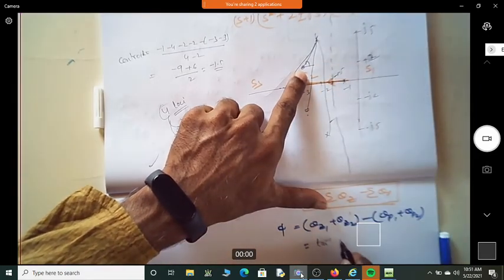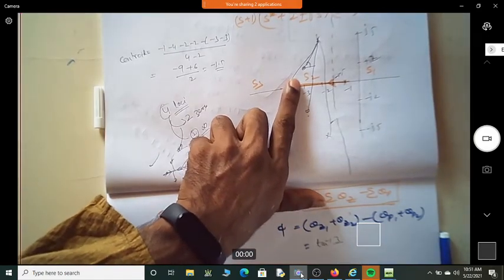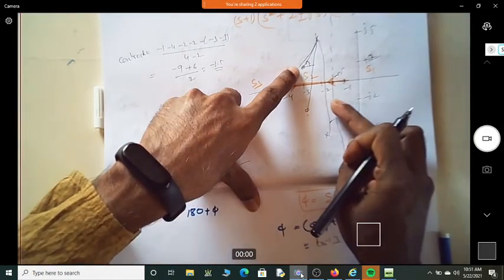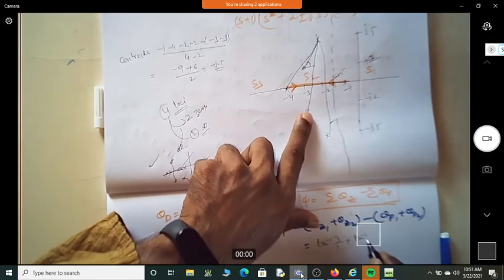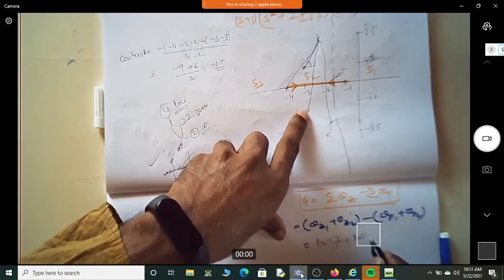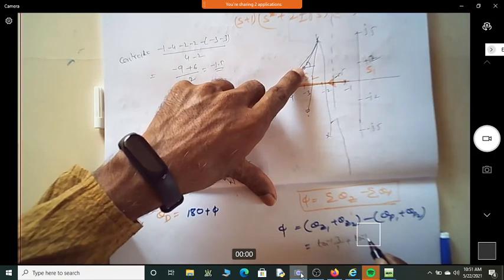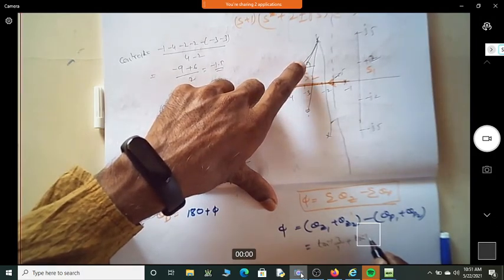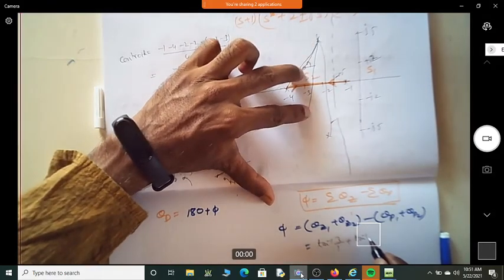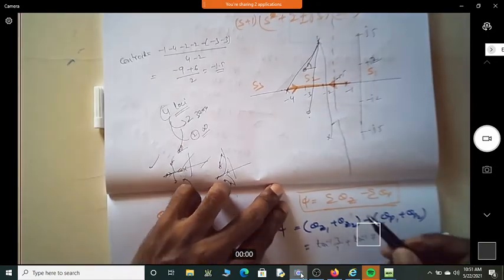The height is 3 by 1, plus tan inverse of, here this is 3 plus 2 plus 2, 7.